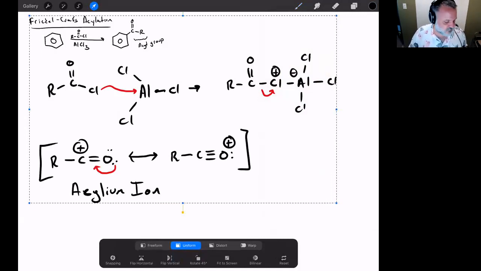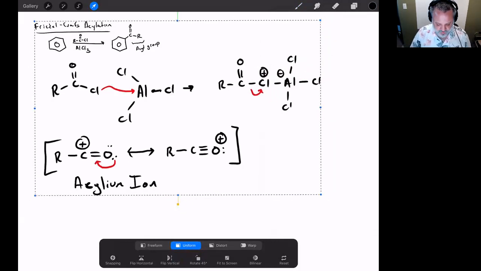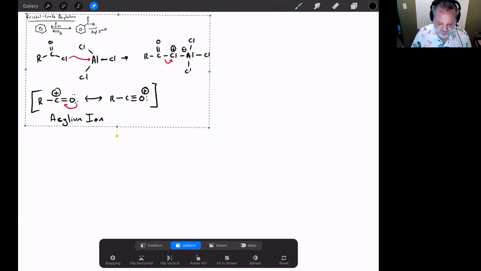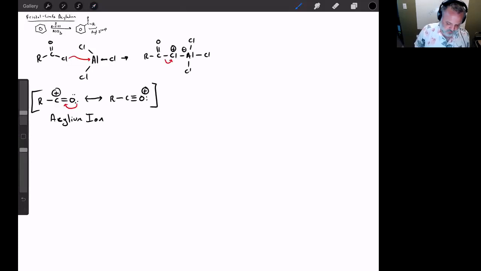And so this is just yet another new way to make an electrophile. We've learned several different ways to make electrophiles, and this is yet another. But once we've made the electrophile, then all of the reaction mechanism is exactly the same.